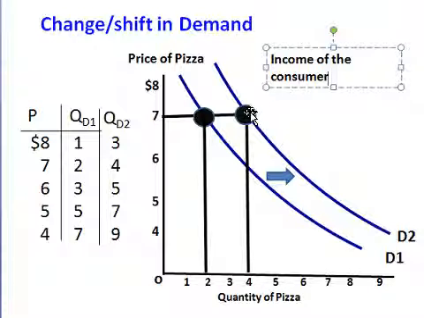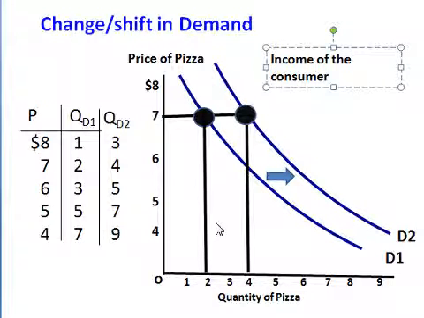As a result, the demand curve will shift left because his income has gone down. Demand curve will shift left, meaning he can buy only 2 pizzas now because his income has gone down.